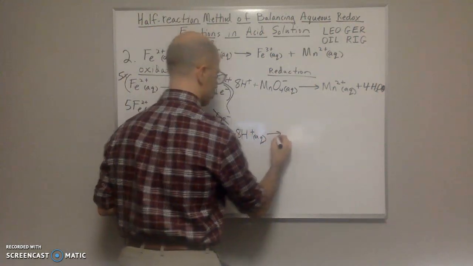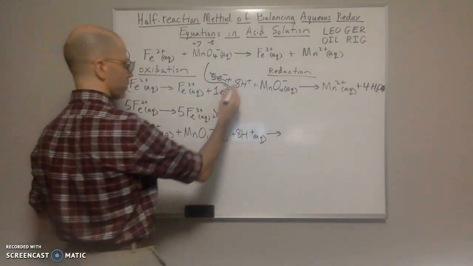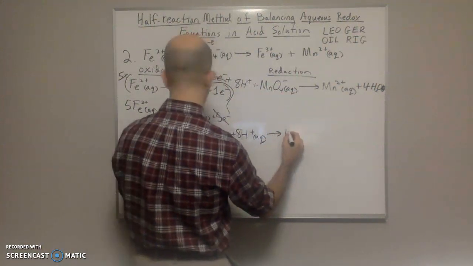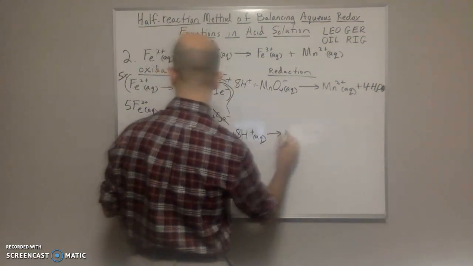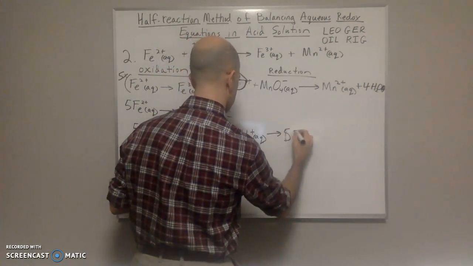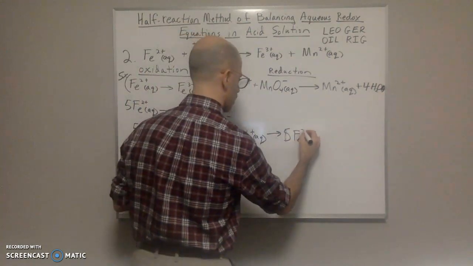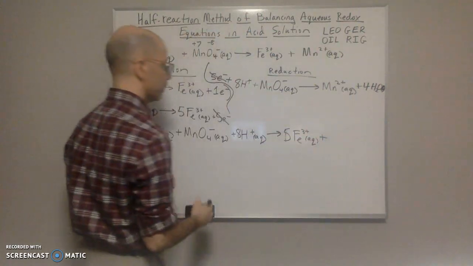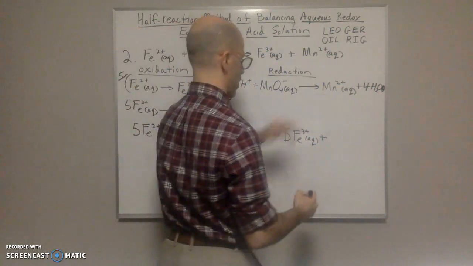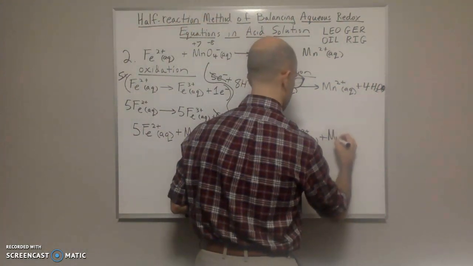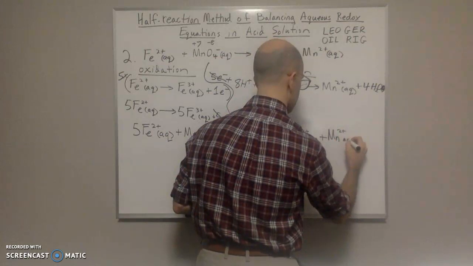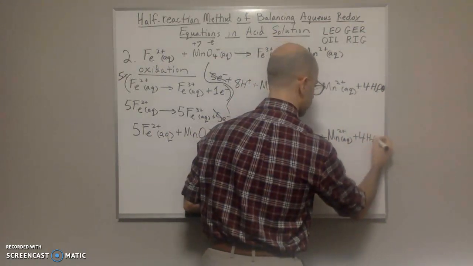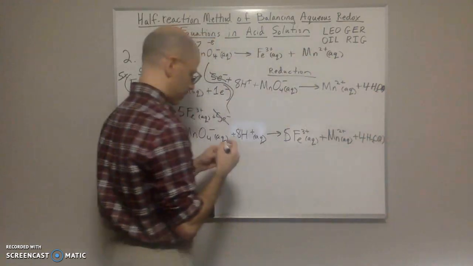Okay, now I'm going to go to the products, and the products are going to be 5 Fe3 plus aqueous, sorry, that should be 5 Fe3 plus aqueous, plus, and now the products on this side, Mn2 plus aqueous plus 4 H2O liquid.